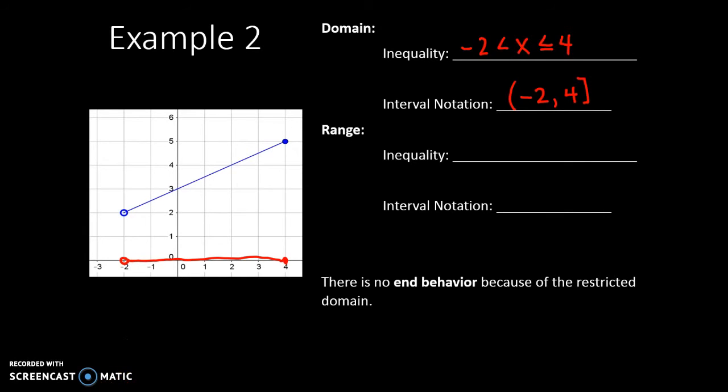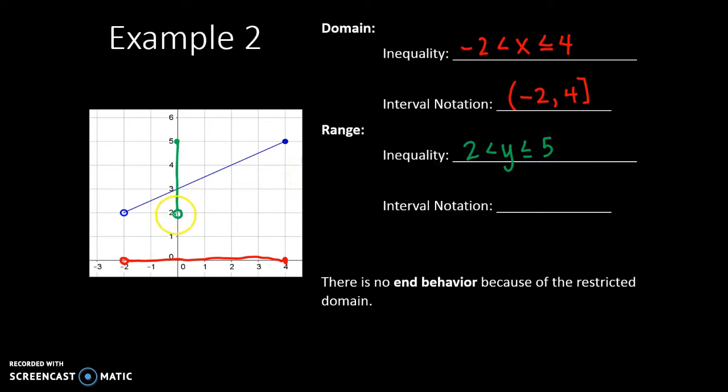And then for range, I'm going to use a different color. So for range, I go to my lowest point on my graph, and I say, well, my lowest point has a y-coordinate of -2. I go to my highest point on the graph. My highest point has a y-coordinate of 5. So my range is going to be between -2 and 5.